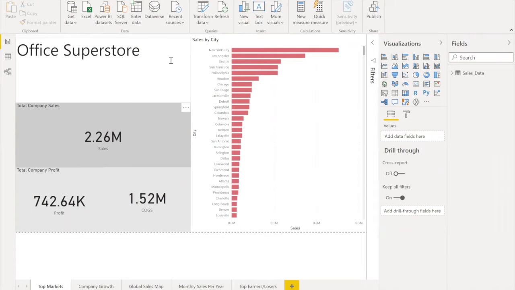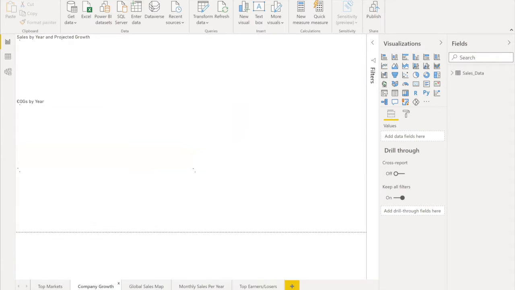So I'll be talking about Office Superstore with the visualizations we created. Total company sales was 2.26 million, gross profit was over 700,000, and cost of goods sold just over 1.5 million.